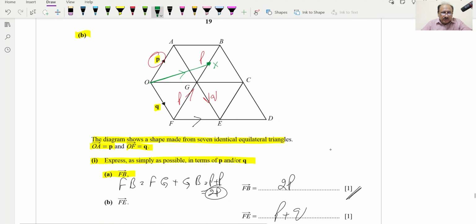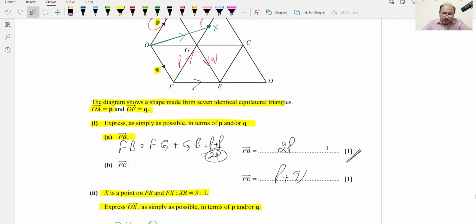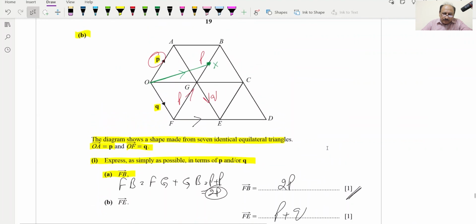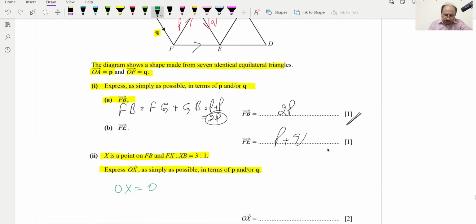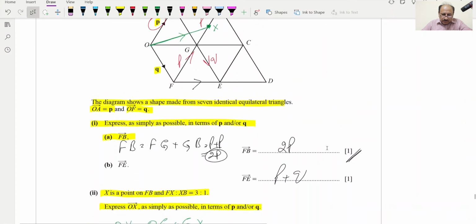This is basically OP. OX will be equal to OG plus GX, and OG is OG.